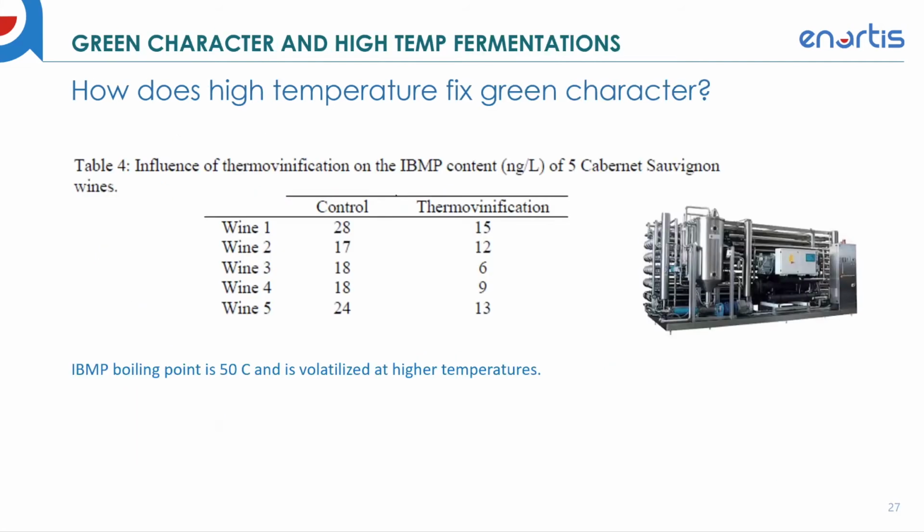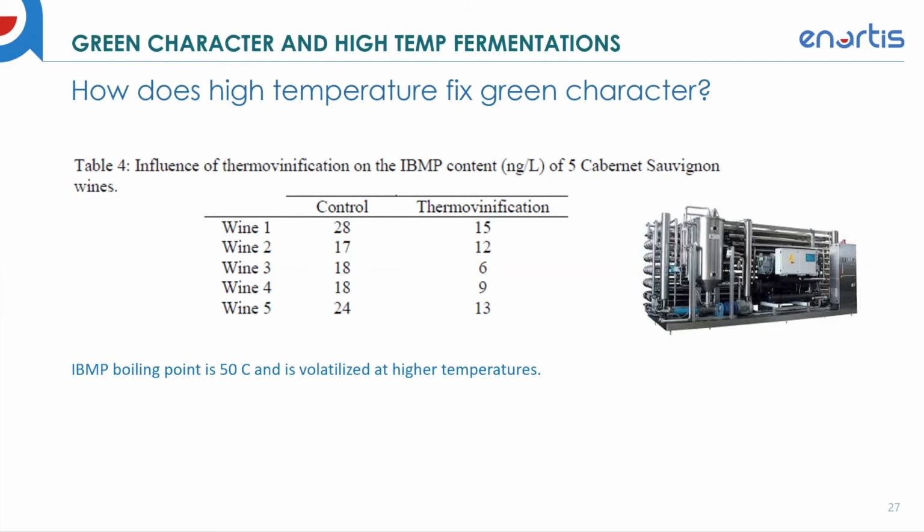So, things that we can do for green character: we can use high fermentation temperature, or high temperature, to fix the green character. We can use thermovinification or flash détente. When we use thermovinification or flash détente, we can remove a lot of the IBMP, which, as I'll talk about in a couple of minutes, microoxygenation is not as good at removing.